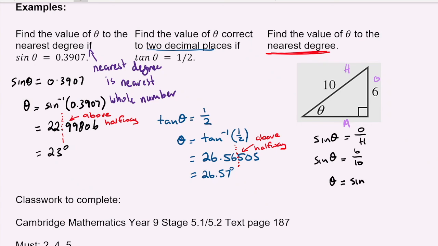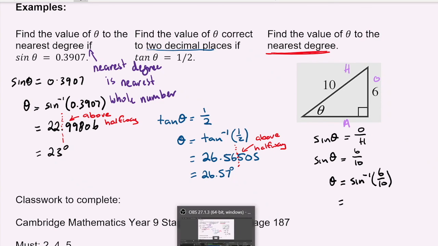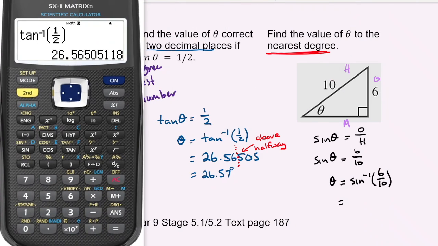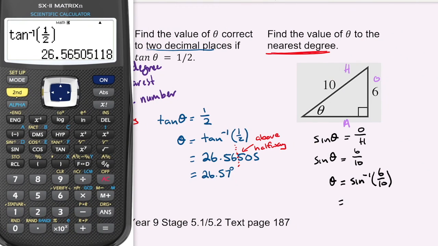Theta is sine to the minus 1, so we've got our inverse, 6 over 10. Okay, so second function, sine 6 over 10. Close off the bracket, hit equals, and we've got 36.869, etc.